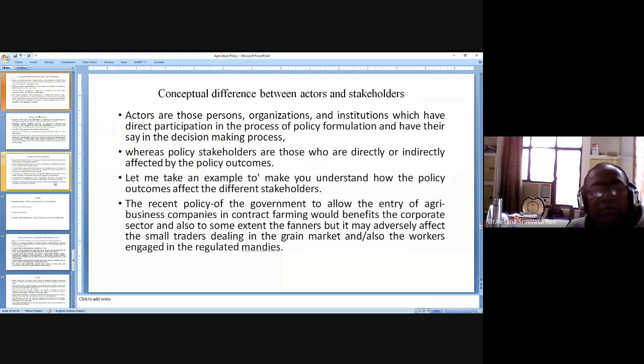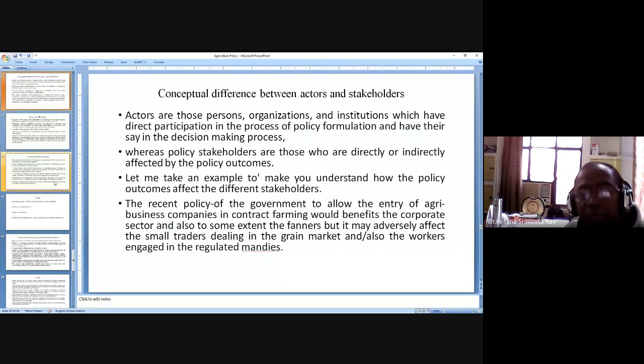The recent policy of the government to allow the entry of agribusiness companies in contract farming would benefit the corporate sector and also to some extent the farmers, but it may adversely affect the small traders dealing in the grain market and also the workers engaged in the regulated mandis.